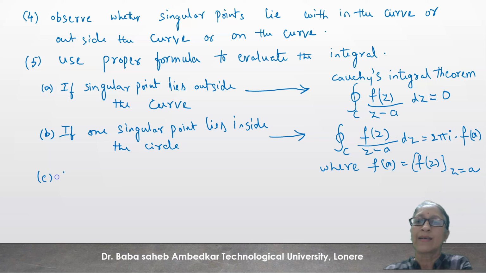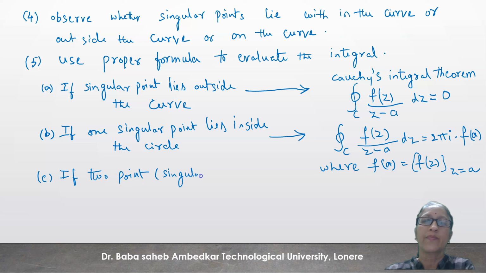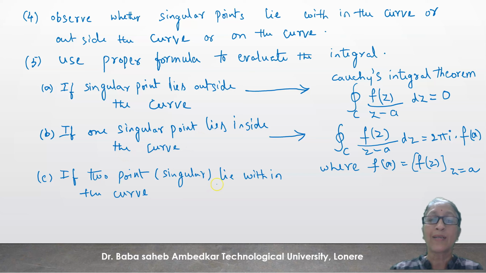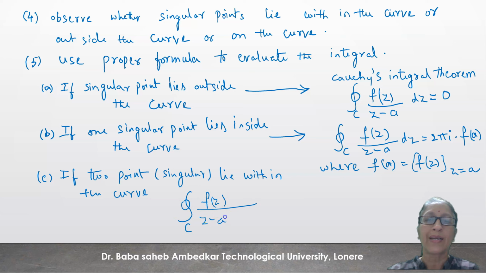Now the third case: if two singular points lie within the curve, then the integral is like this, maybe f(z) upon z minus a into z minus b dz.